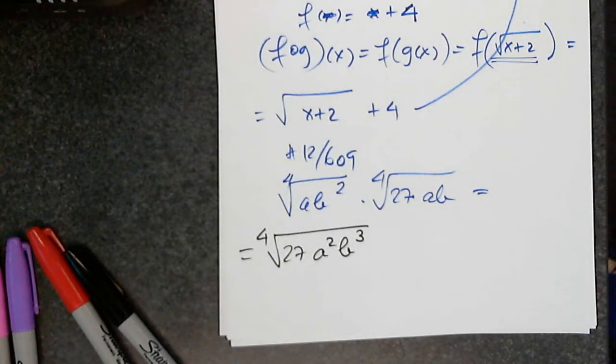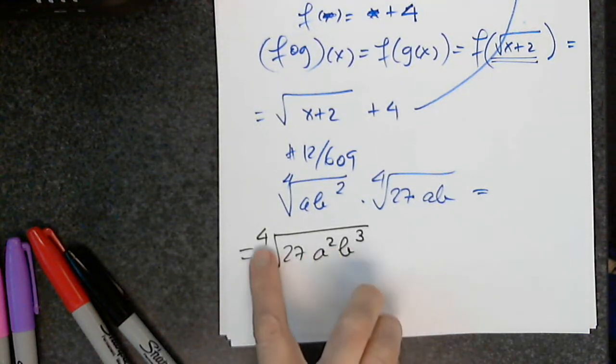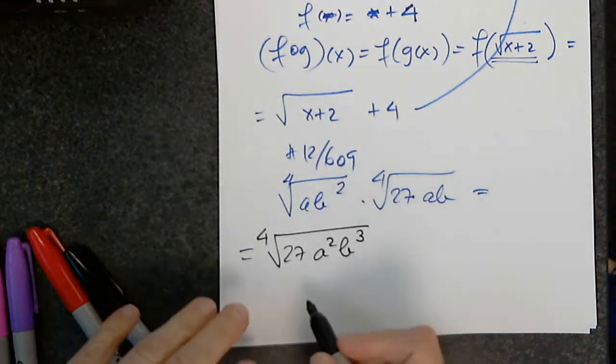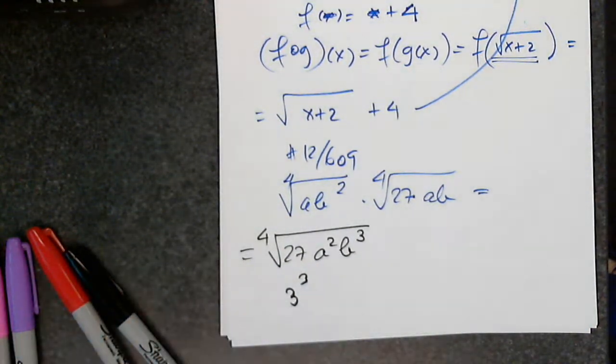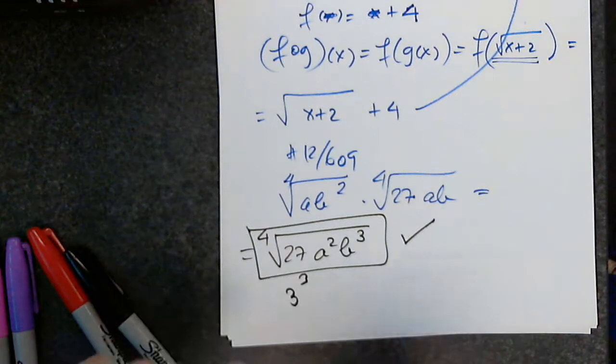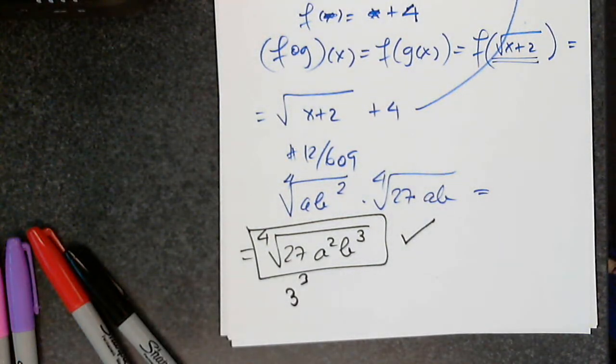And a radical is fully simplified if there are no negative exponents. In other words, the power is less than the index. And 27 is 3 cubed. So the fourth root of 3 cubed is still fully simplified. So there is nothing else I can perform here. This is it.